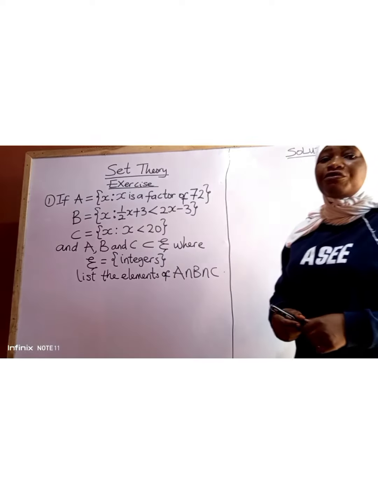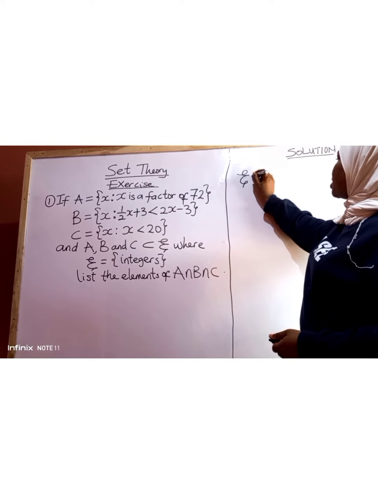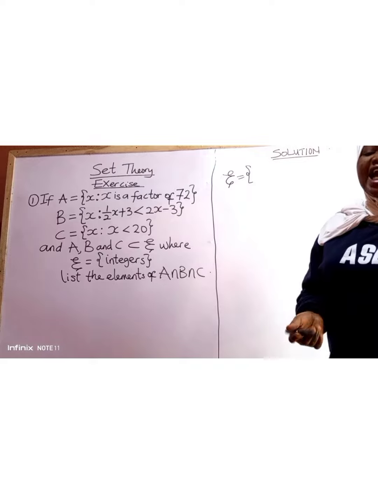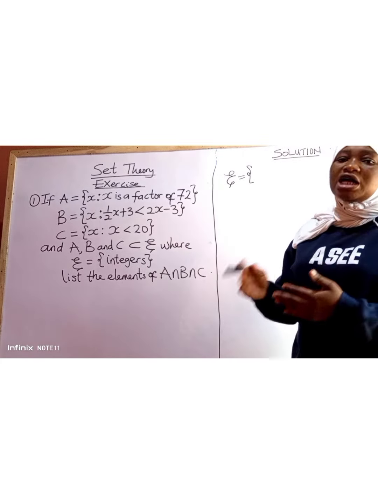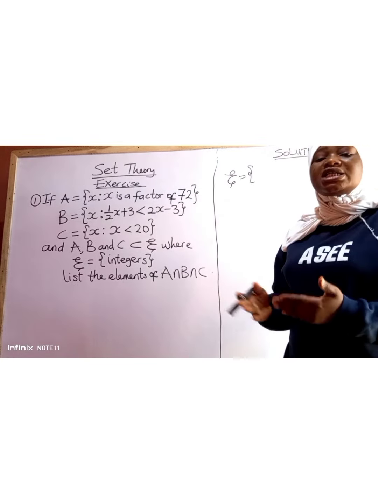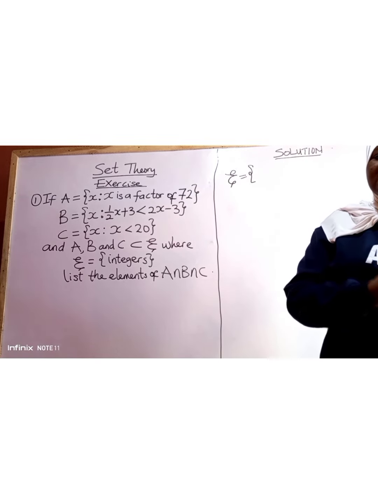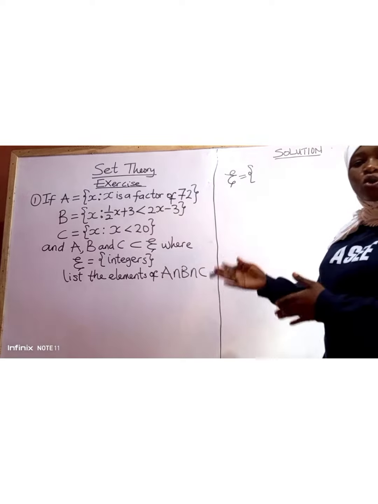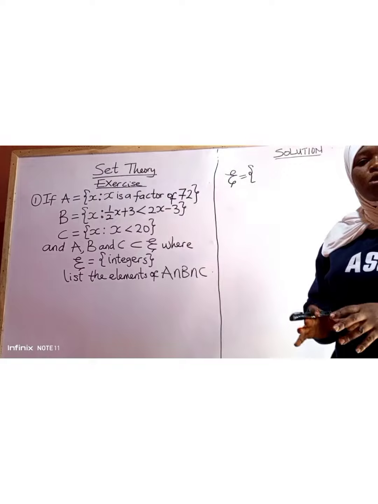So we are going to start from integers. So let's write the elements of the universal set. Integers are the negative natural numbers, 0, and positive natural numbers. Natural numbers are the counting numbers, that is the numbers that we count daily. When you start counting, you start with 1, 2, 3, and so on. So those counting numbers are the natural numbers.